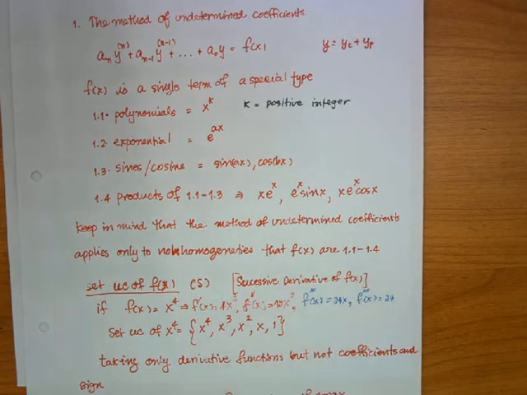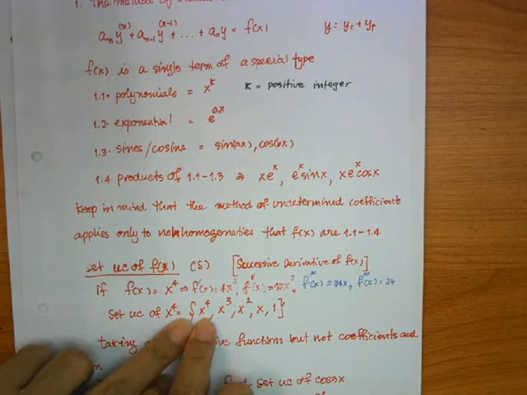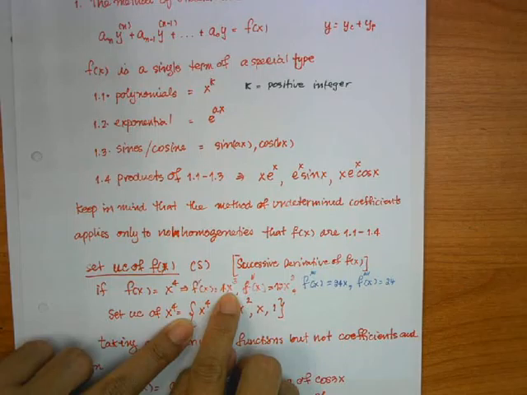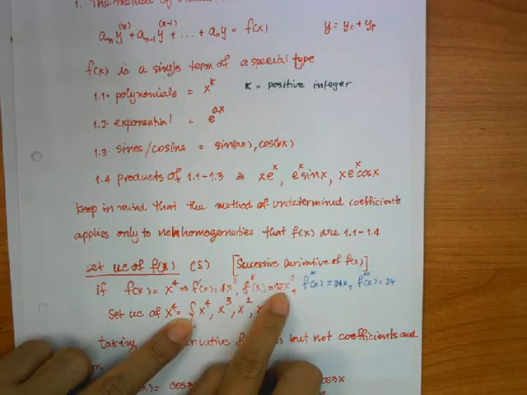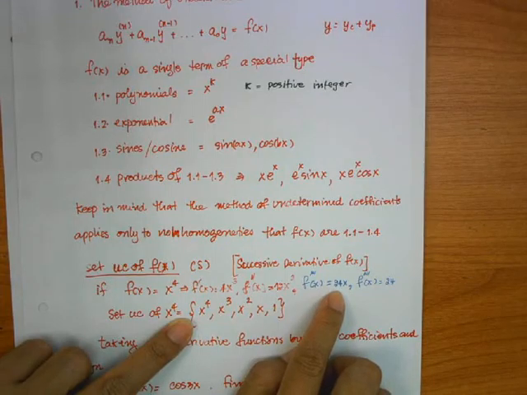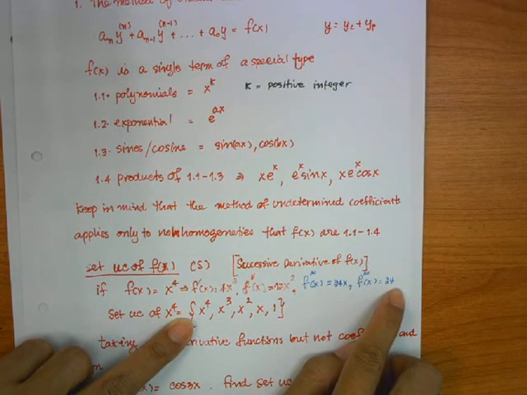Then to write out the set UC of this function, you take the function only, the function of that function and its derivatives. So you get x to the power 4. What is the function of this one? x to the power 3. This is x to the power 2, this is x to the power 1, and this one is x to the power 0, which equals 1.